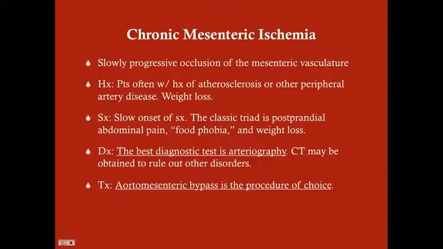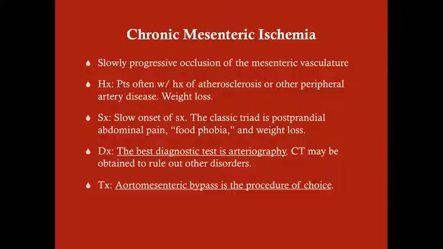What do we do to diagnose chronic mesenteric ischemia? We do angiography or arteriography, same thing. So best diagnostic test is angiography. And the nice thing with chronic mesenteric ischemia patients is that we're not as rushed to get this. So you can do this either the classic way, the CT angiography, MR angiography, doesn't really matter.